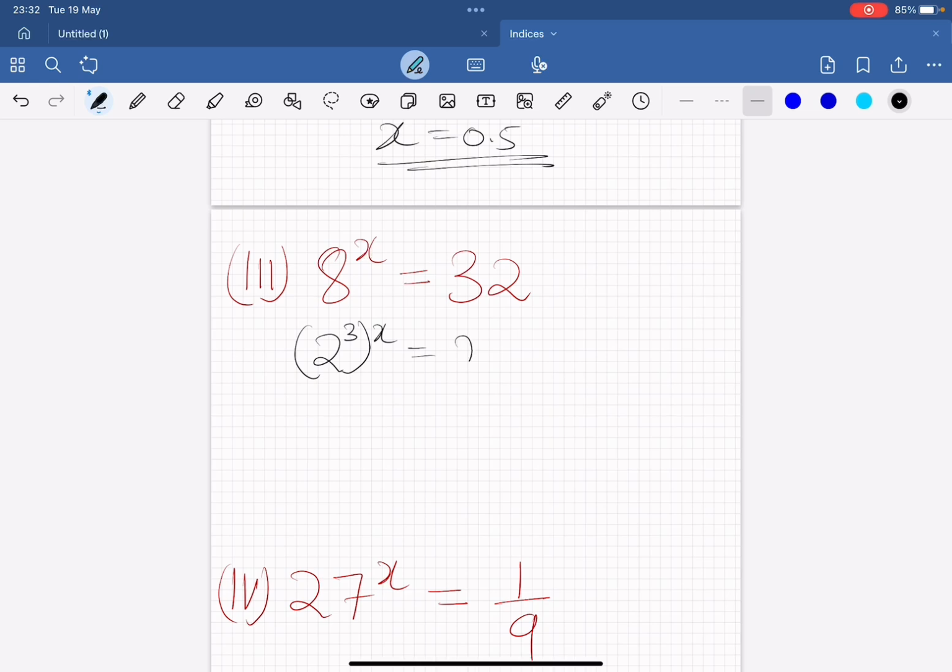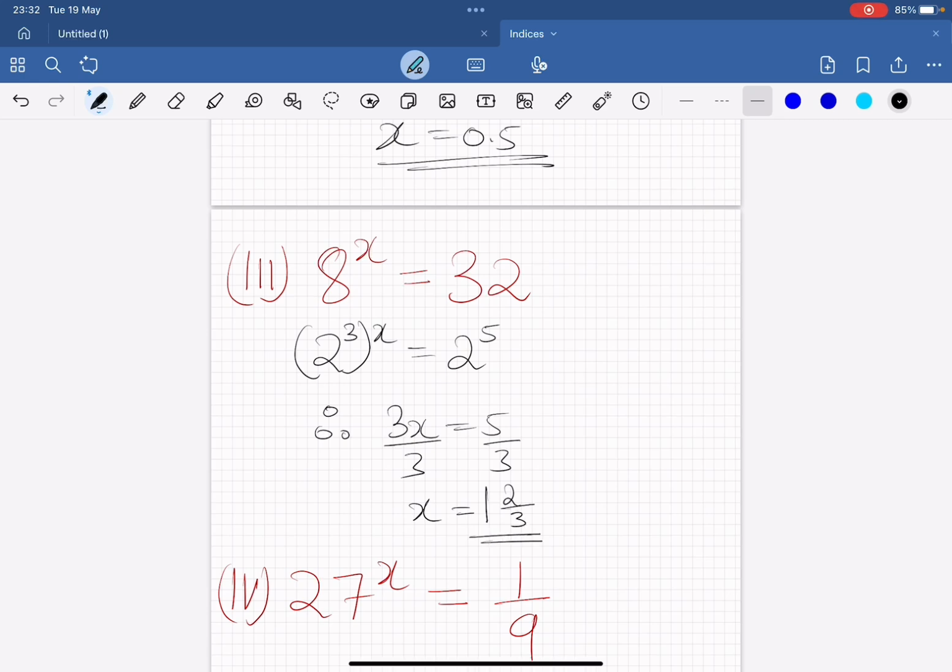And at the same time, 32 is 2 to the power 5. Now, once the bases are the same, you can simply say 3x is equal to 5. Then divide both sides by 3 to get 1 and 2 over 3 as an answer.